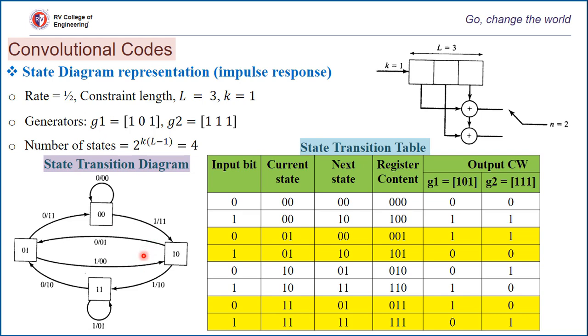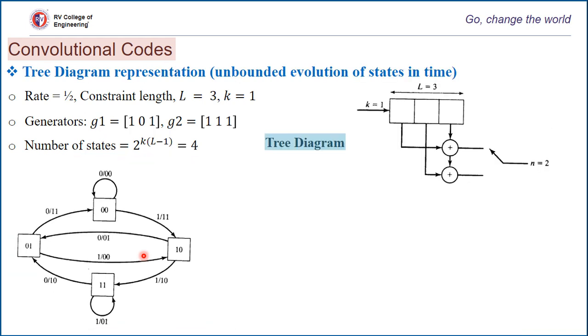So let's pick up the next one, which is in the form of a tree, and hence it is called a tree diagram. This is basically an unbounded evolution of states in time. The tree goes on growing for an infinite duration on the time scale.